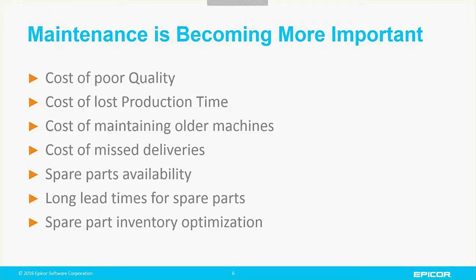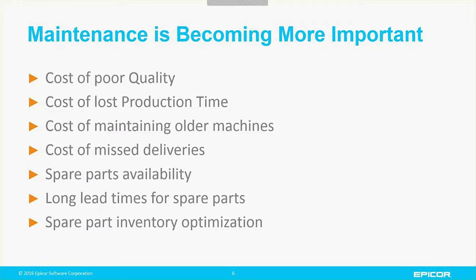Then you layer in complications over things like spare parts availability, especially for older machines. Longer lead times for spare parts. Not everything is available straight away, but then you've got to compare that and balance that off to things like spare part inventory optimization. How much inventory do I keep in spare parts versus the long lead time?